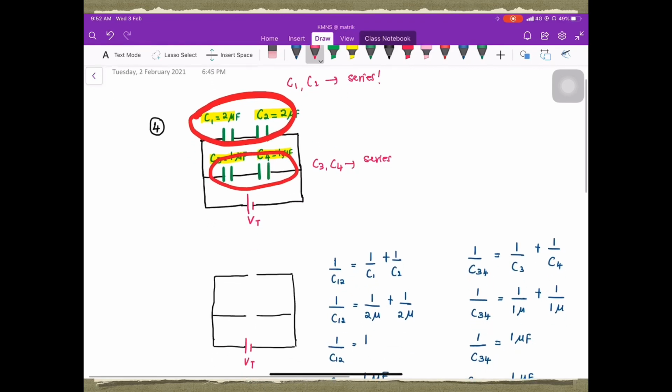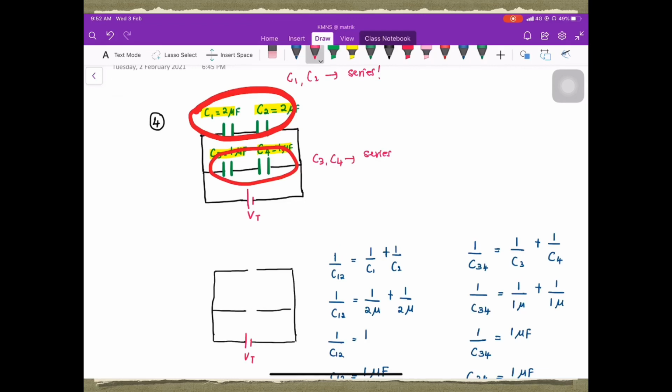Okay, so combine them together. If we combine C1 and C2, we will get the new effective capacitance C12. Combine C3 and C4, we get C34.